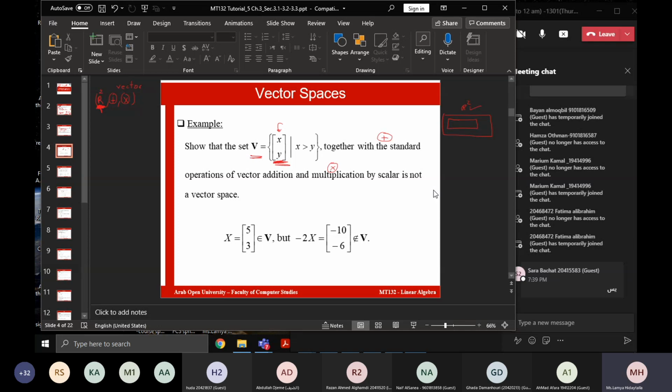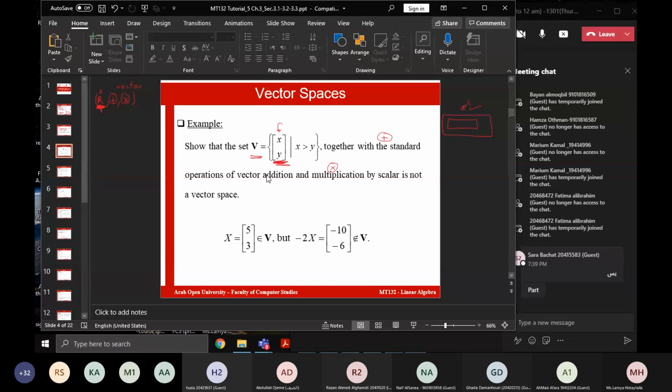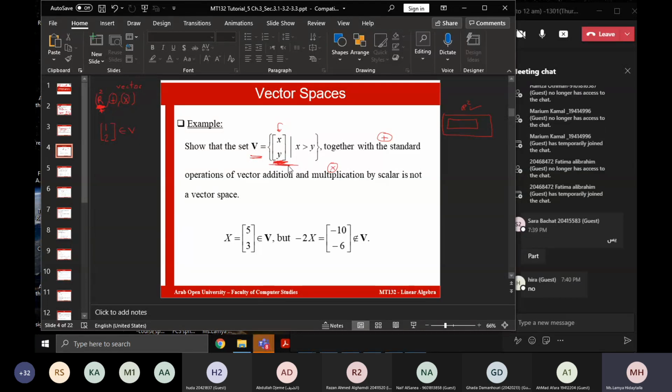Give me an example of one of the vectors that are here. Let me ask you. The vector 1, 2, like this. This is a vector in R2. Is it in V or no? Yes or no? 1, 2, is it a vector here or no?